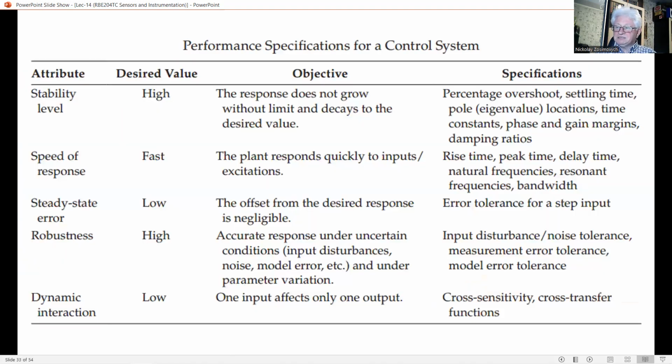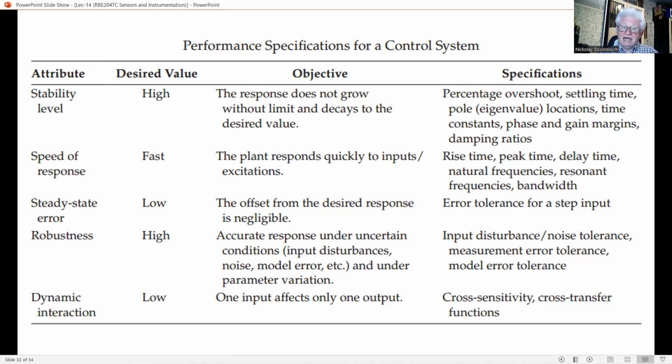As you may see listed here, some of these specifications are rather general. And this table summarizes typical performance requirements for a control system. Some requirements might be conflicting. For example, fast response is often achieved by increasing the system gain.